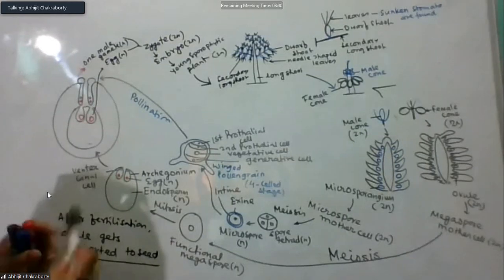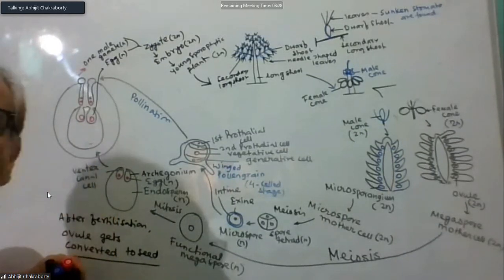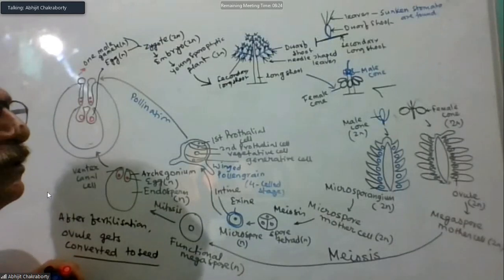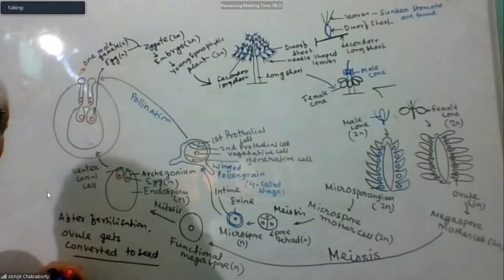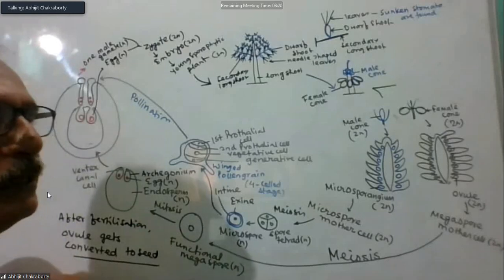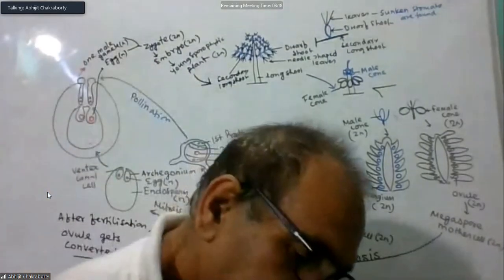And as more than one embryo is formed in a single seed, the condition is called polyembryony. Another most important thing about Pinus is that polyembryony is noticed.